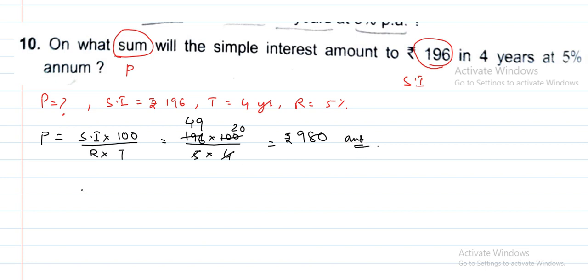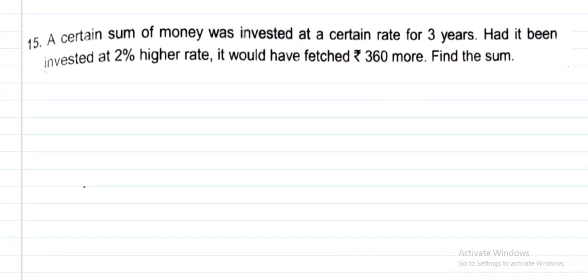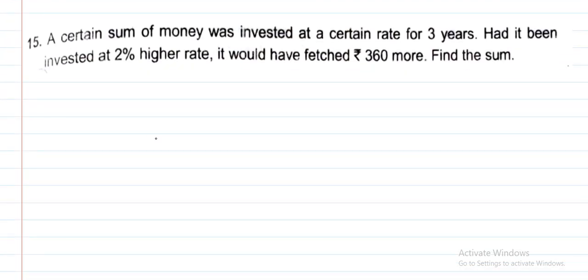Isn't it very easy? Let us see question number 15 now. Here it is saying that a certain sum of money was invested at a certain rate for 3 years. Had it been invested at a 2% higher rate, it would have fetched rupees 360 more. So find the sum. Certain means unknown principal, and the rate is also unknown, for 3 years.